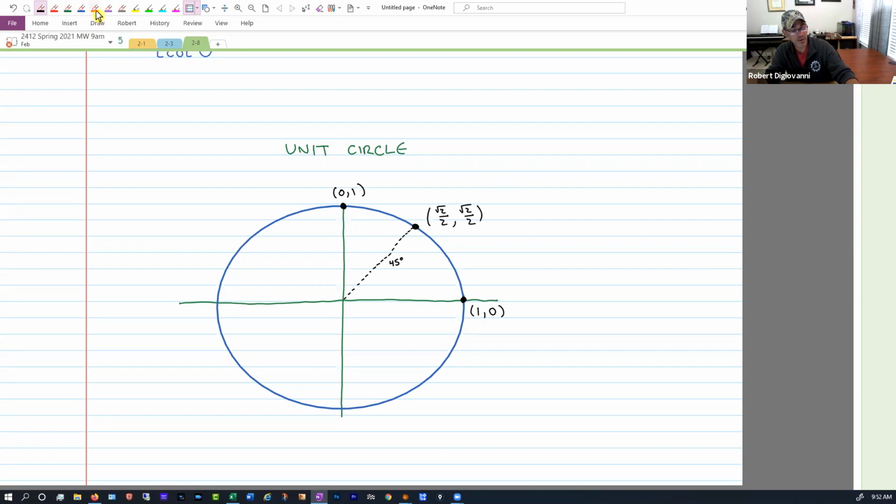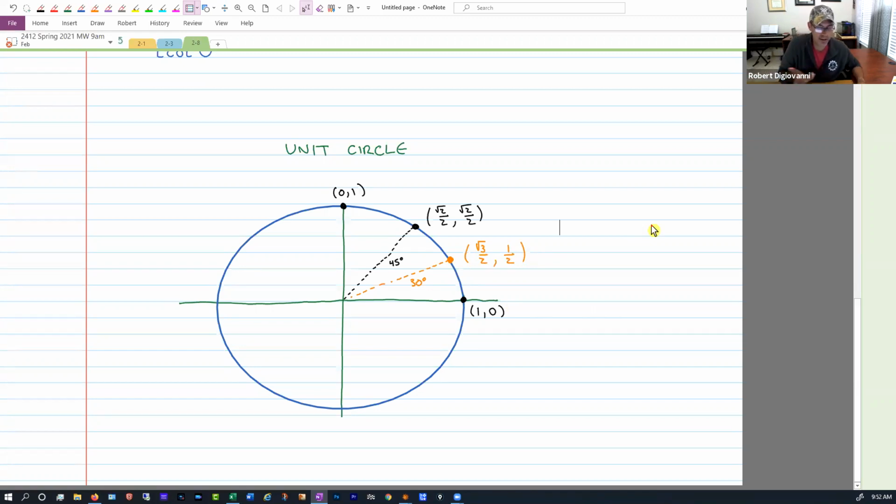Now, at 30 degrees, there's another point here on the unit circle, and that has an x and a y coordinate. So the x coordinate, again, you have to memorize this. The x coordinate is the square root of 3 over 2, and the y coordinate is 1/2.